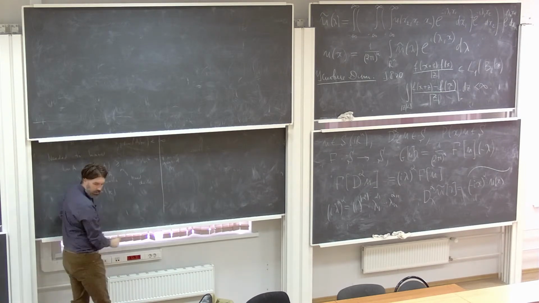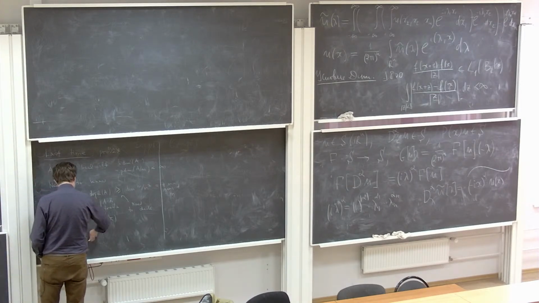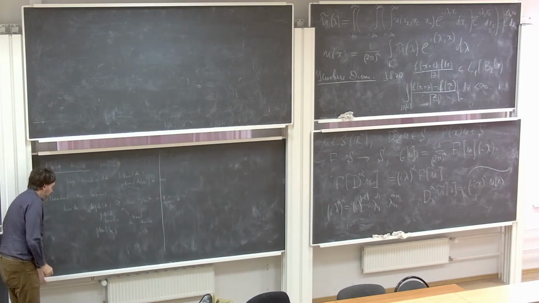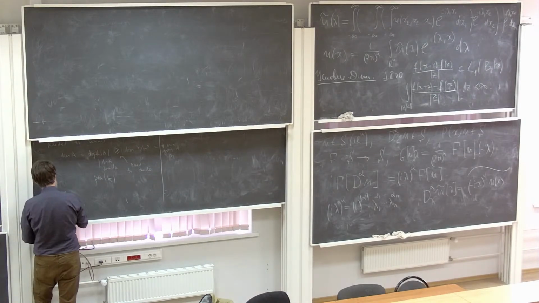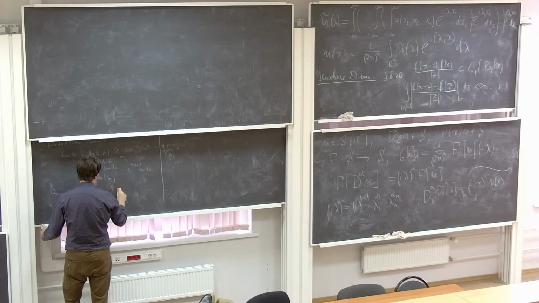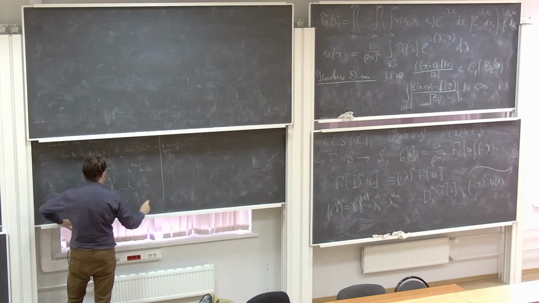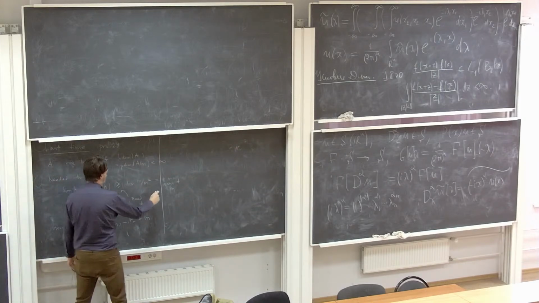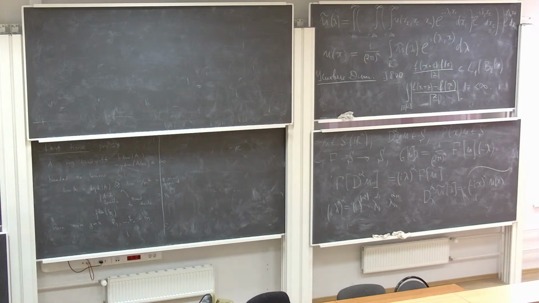And let me double check that, yes, the camera is on the screen. And what we did, given a minimal generating set f1 through fn of the maximal ideal m, so this is the number n, we looked at the Koszul complex on those.